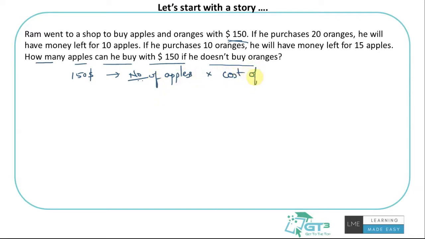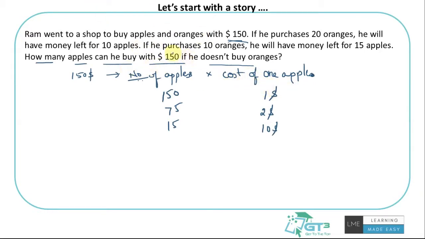If the cost of one apple is $1, he can buy 150 apples. If it is $2, he can buy 75. If it is $10, he can buy only 15 apples. The number of apples he can purchase depends on the cost of one apple.